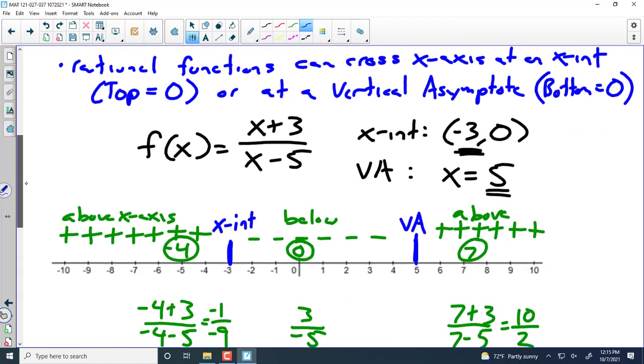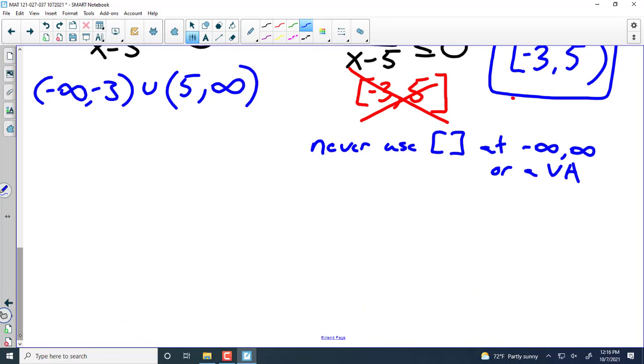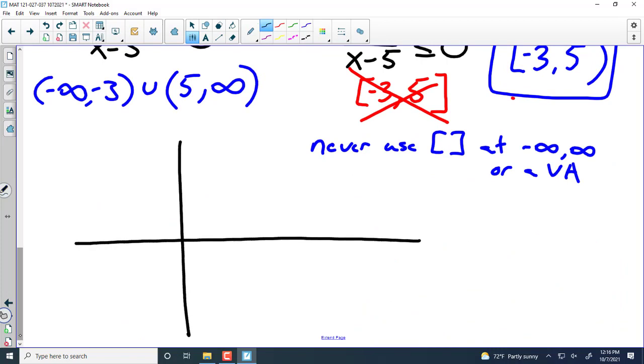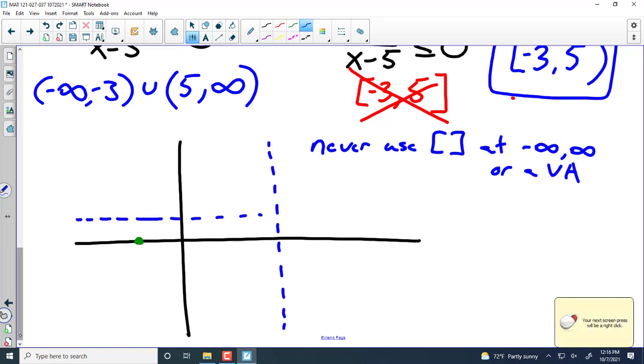You see, this graph, what it looks like is it has a vertical asymptote at 5. It has an x-intercept at -3. And it has a horizontal asymptote at 1. Like that.